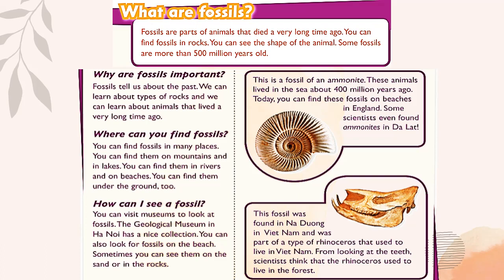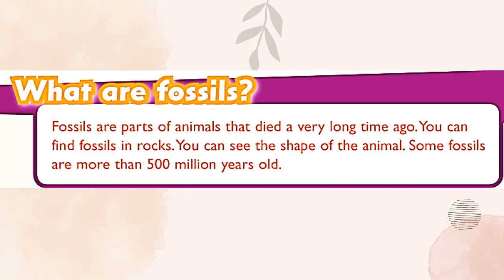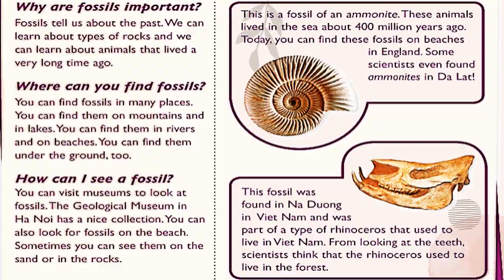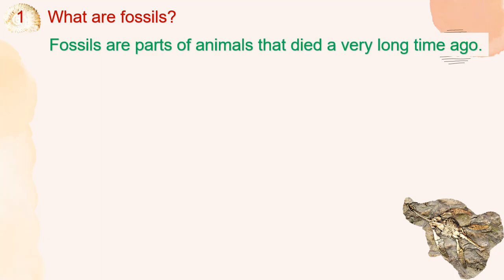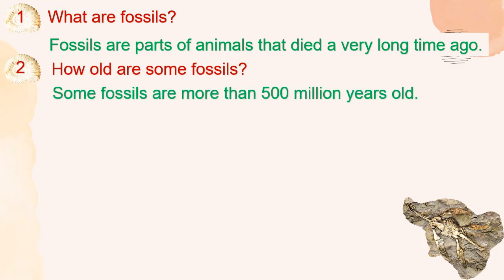Okay, so from this reading, I have a question. What are fossils? Fossils are parts of animals that died a very long time ago. How old are fossils? Some fossils are more than 500 million years old.